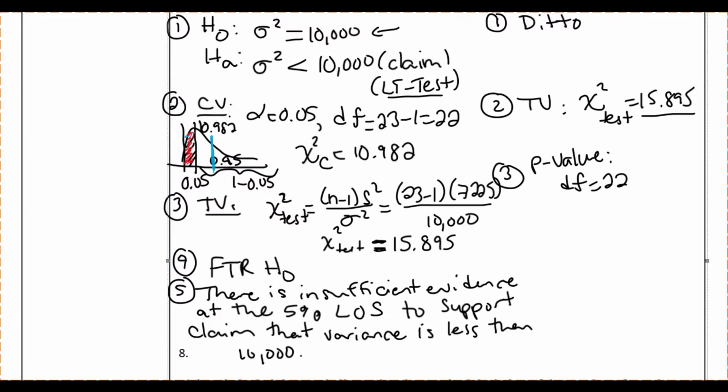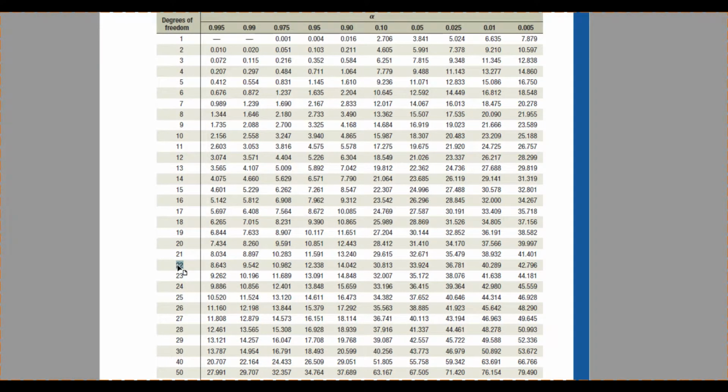If we go back to the table, with a chi-square test value of 15.895 and a degree of freedom of 22, notice that we're between those two values. Let me show you with a snapshot.